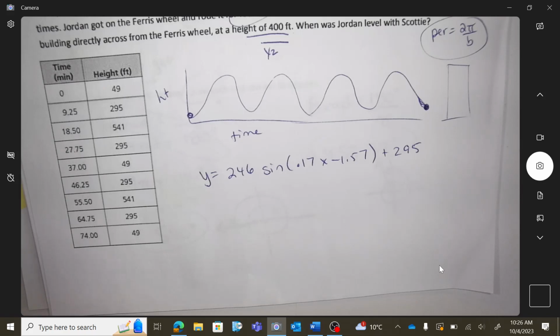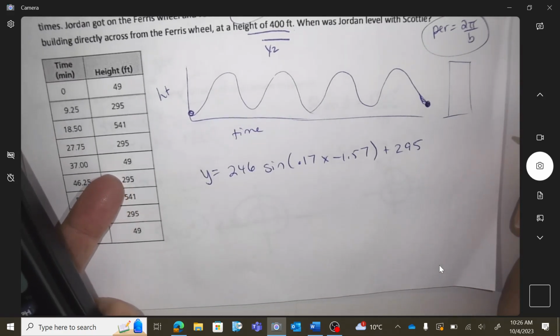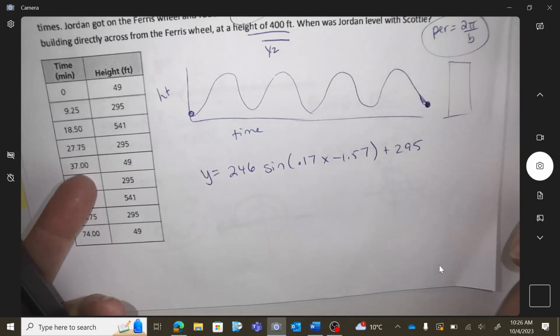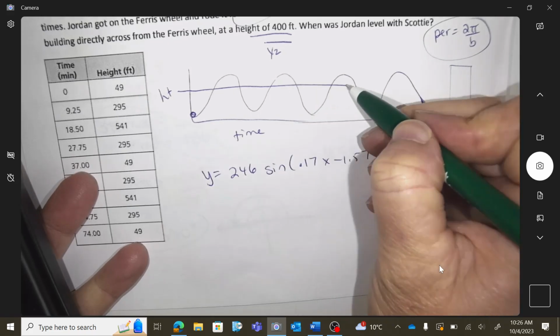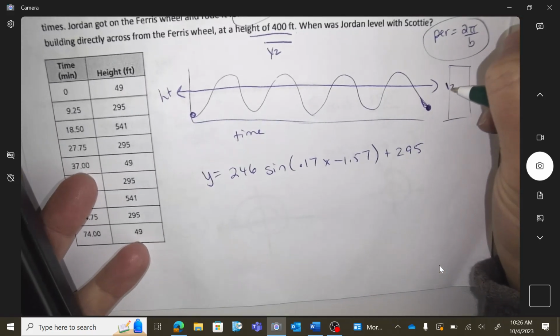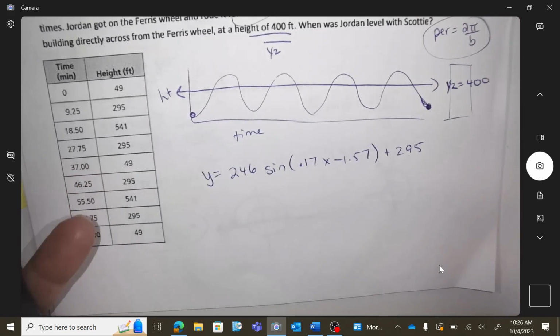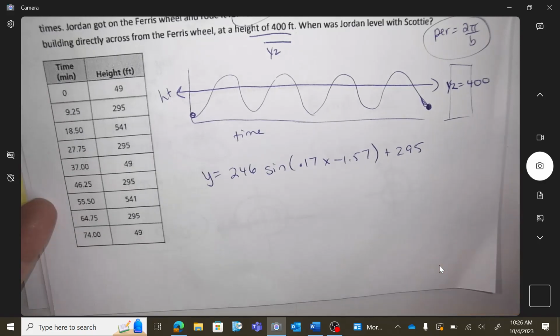And get me a y2. So his friend is on a building at 400. Get me a y2.